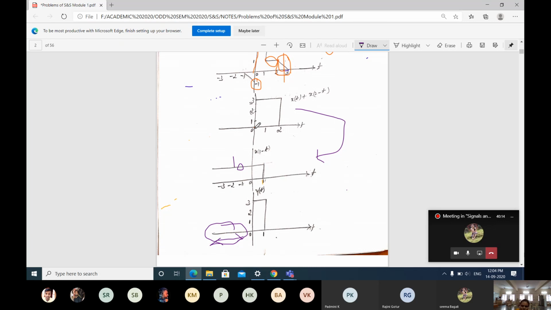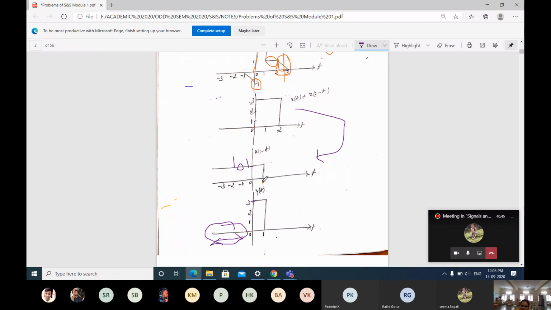Next, at 0, here the amplitude is 3, and here the amplitude is 1. 1 into 3 will be 3 only, in terms of amplitude. Multiplying in terms of amplitude only, for that reason 1 into 3 is 3 only.